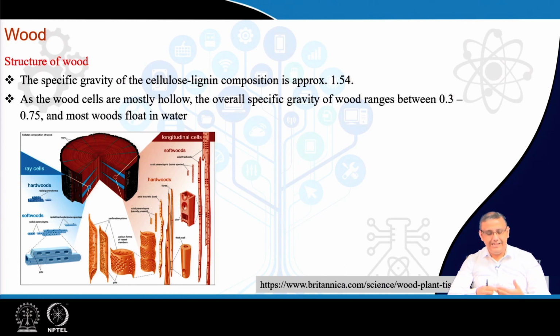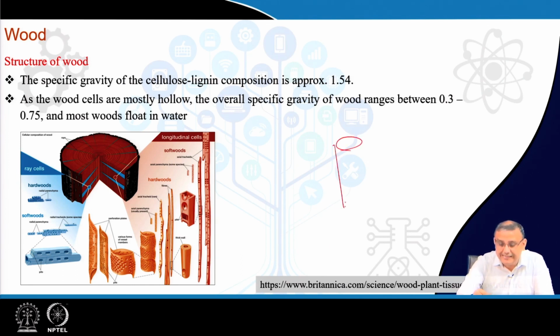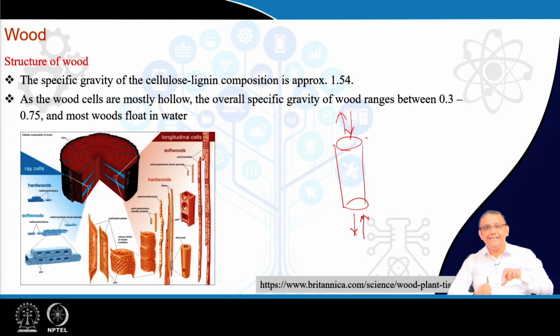And these hollow cells also provide wood with very good mechanical properties, because if we have hollow cylindrical cells like this, and the load is applied along this direction, either tension or typically compression, then there will be strong anisotropy.